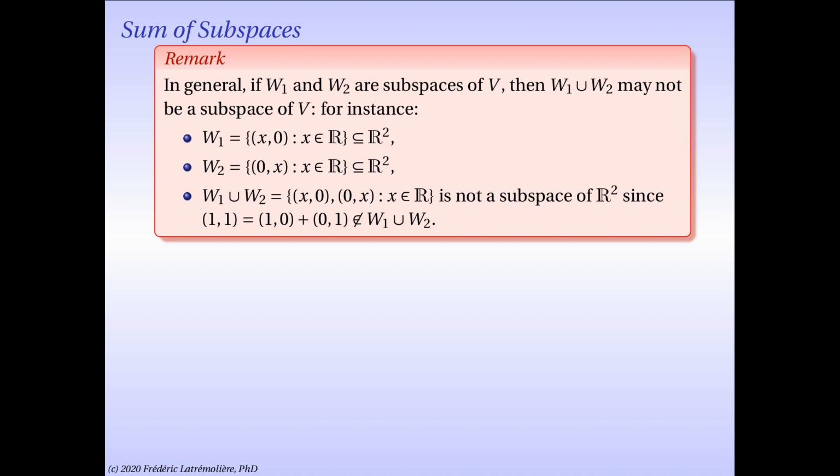To put it in geometric terms, look at the x-axis and the y-axis of our square. Those are indeed subspaces, you can check that very quickly, but their union is not, because I have a vector that I can write as a sum of two vectors in the union of W1 and W2, yet it itself is not in the union. So I fail to be a subspace. You can check this counterexample.